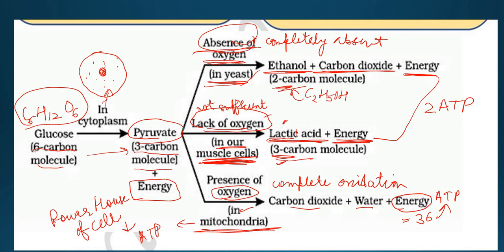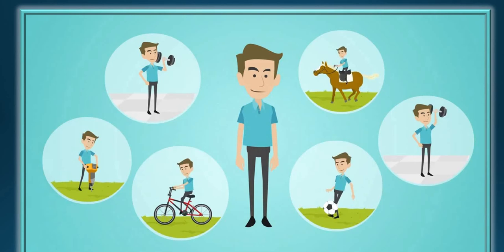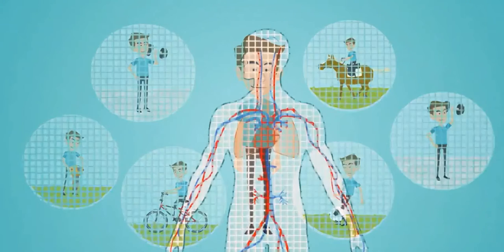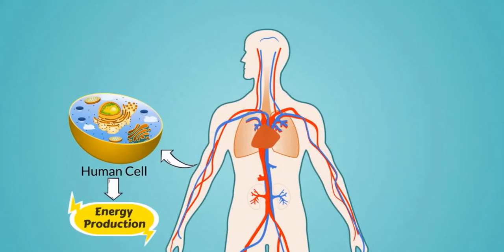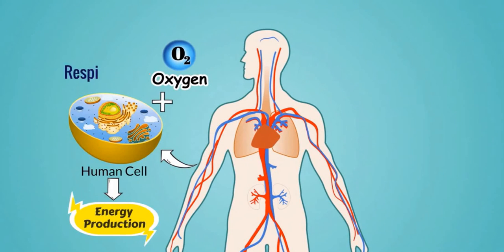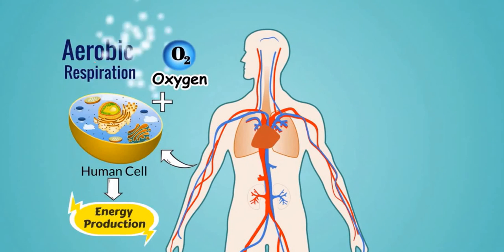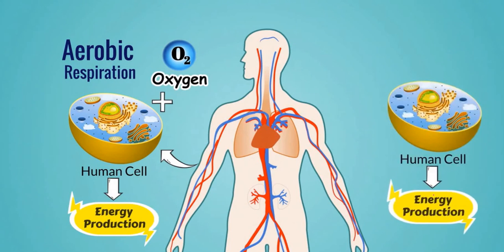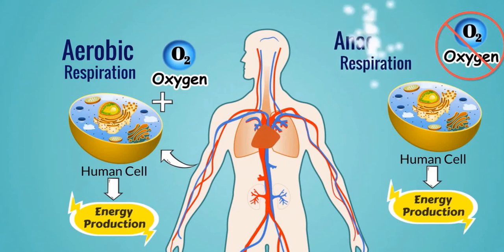Now we will understand your next part. Let's see this video to understand it. We need respiration. We do respiration and we need energy in a lot of activities. In human cells, energy is produced in the presence of oxygen. Then it is called respiration. It is aerobic respiration when it produces in the presence of oxygen. But in absence of oxygen, humans' energy is again produced, but the respiration here is called anaerobic.